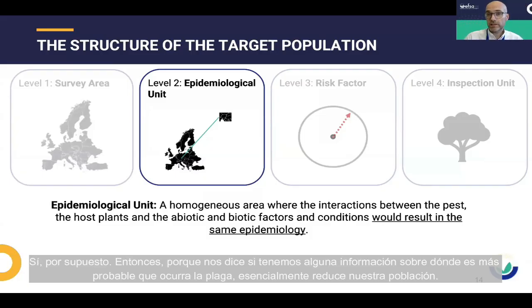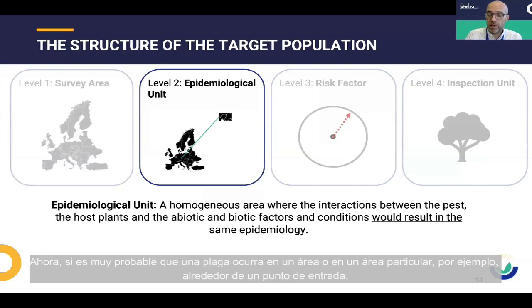Essentially, if we have some information on where the pest is more likely to occur, it shrinks our population. If a pest is very likely to occur in one particular area, for example around an entry point, then if it is there, it will be at high prevalence.